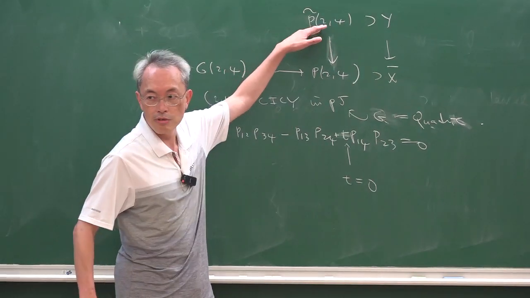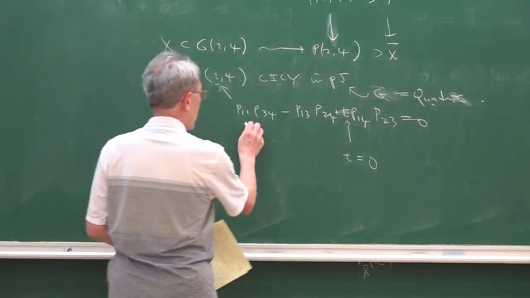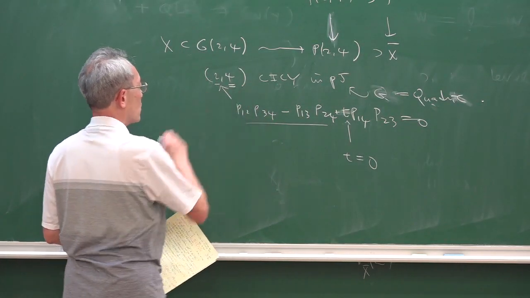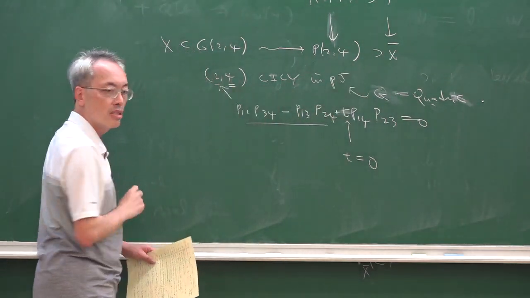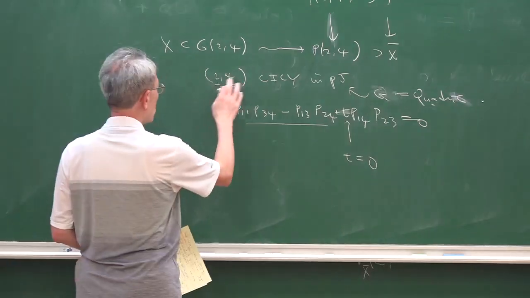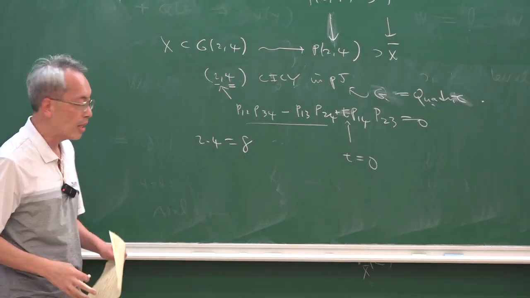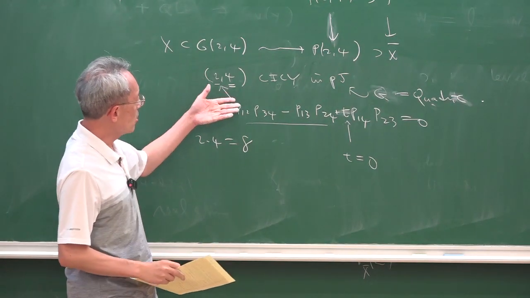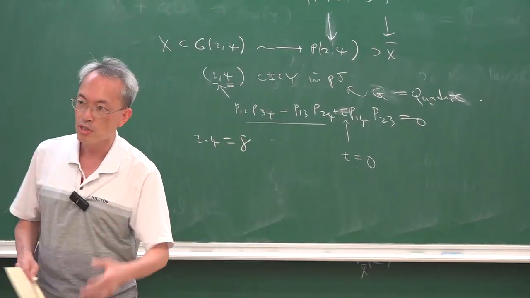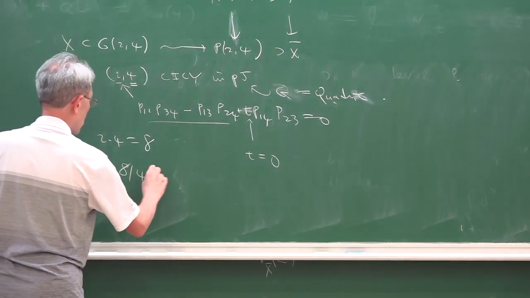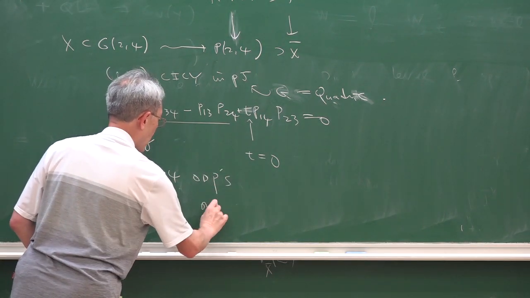Since you have another degree 4 equation, because you need to fit this 6, so you need degree 4. When you want to know how many ordinary double points you have, look at this equation. Each point gives you degree 2. So you should get just 4 ODPs on S bar.